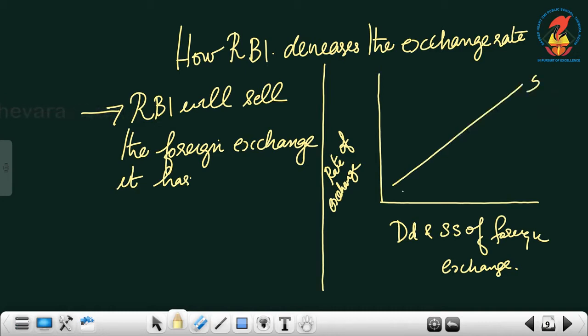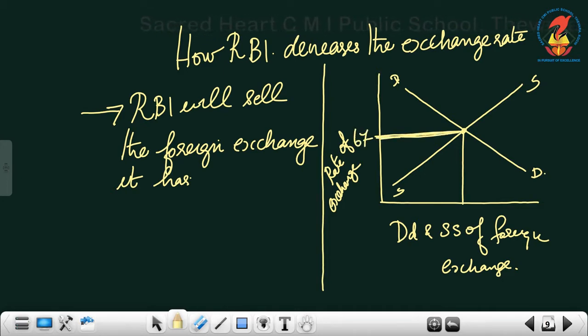We draw the supply curve as upward sloping and the demand curve as downward sloping. Now the intersection point of demand and supply is the equilibrium point, and from the equilibrium point, if you draw to the y-axis, you will get the exchange rate fixed by the forces of demand and supply as rupees 67.